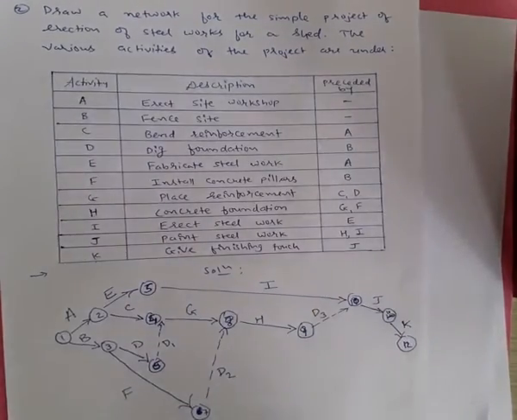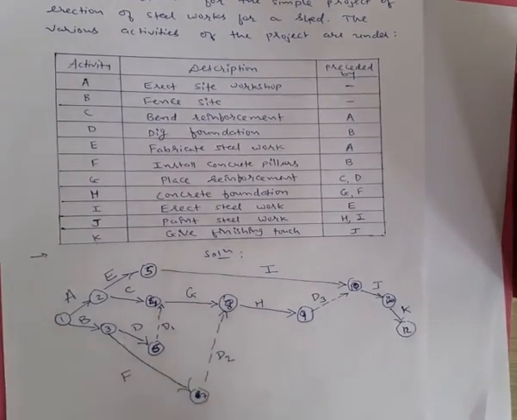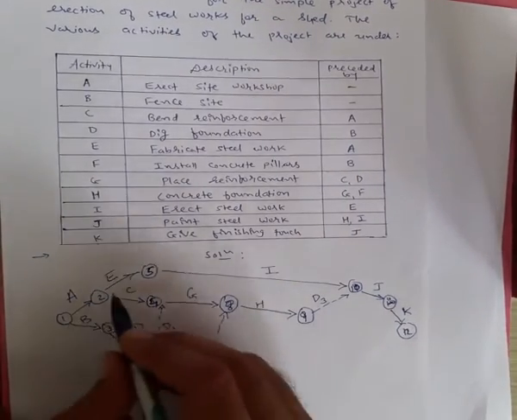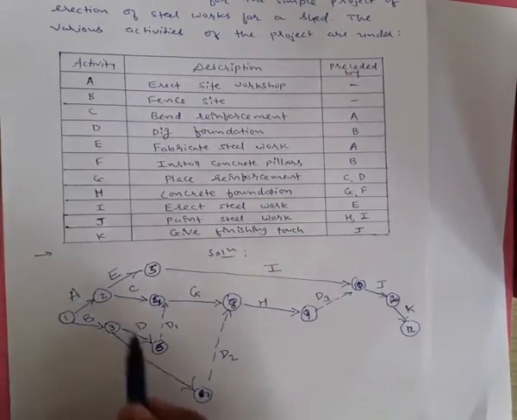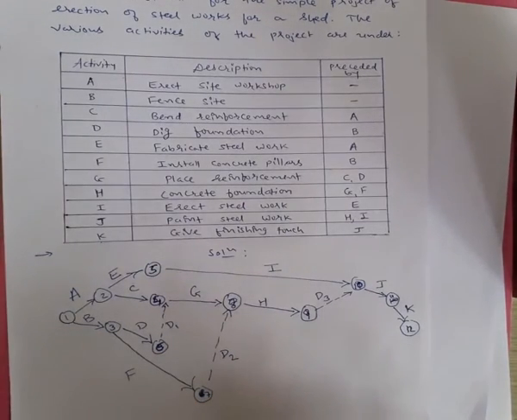So this is how the numbering is done. There was a mistake over here, so this is 1, 2. For any activity, it has a tail and head. Its tail should have a lower number, its head should have a higher number.